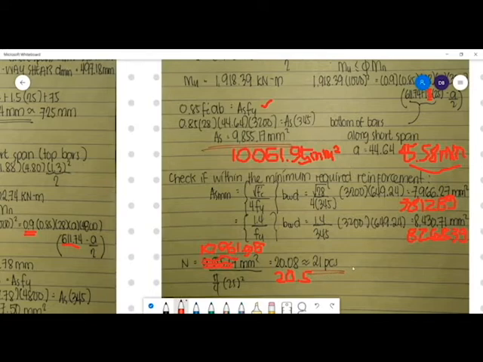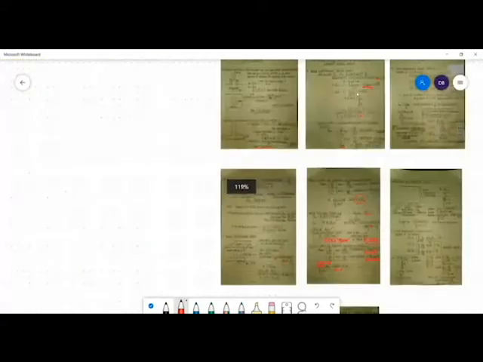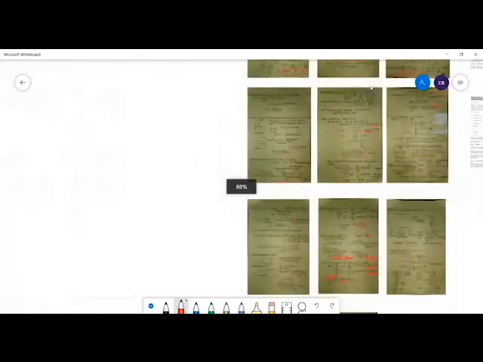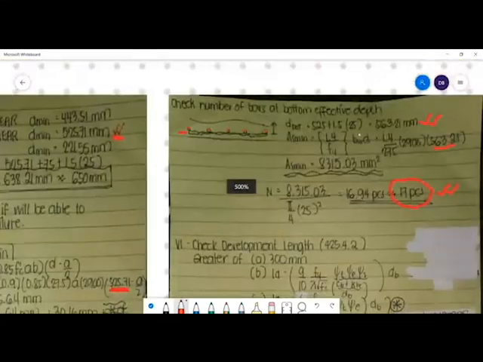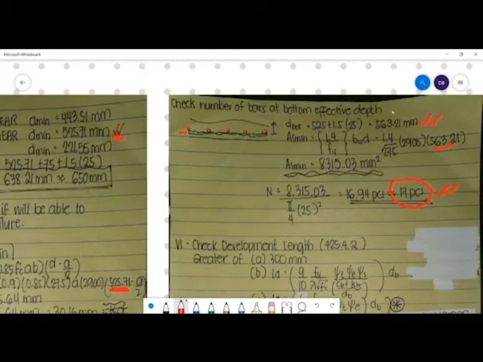Okay. For the previous problem, no, I would want you to recheck this one, no? So the depth should be new, 525 plus 25, no? So it should be equal to 550, I guess, no? 550.